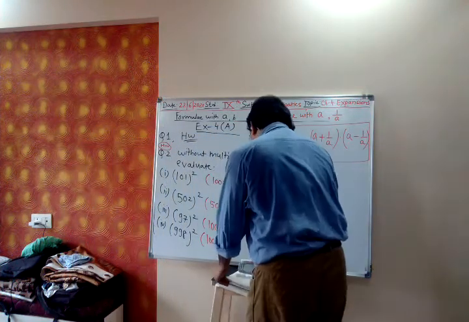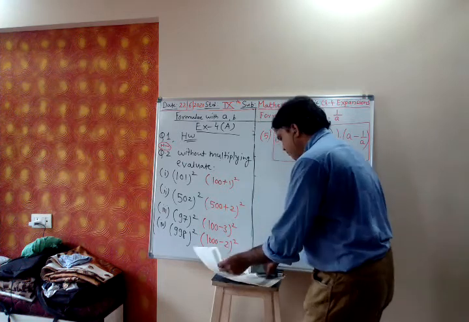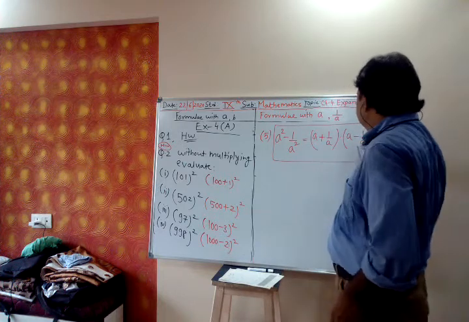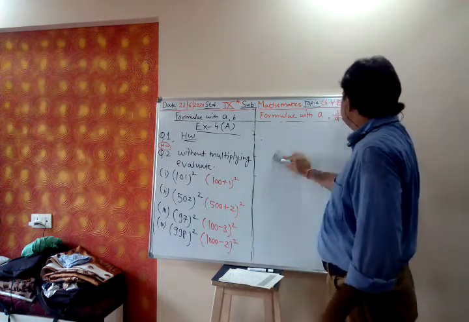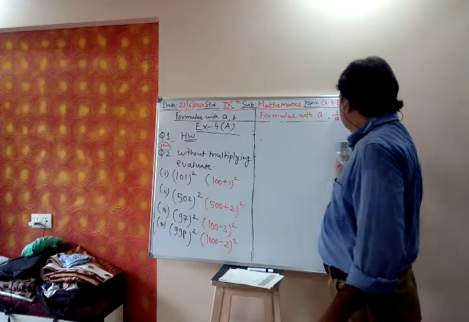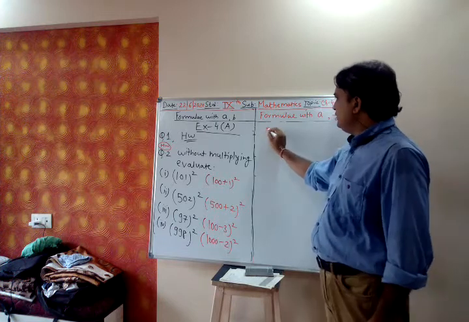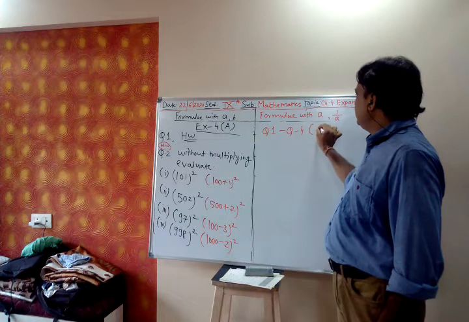Such type of question will not be asked in board. Then third also is very easy. Fourth also is easy. So question number 1 to question number 4 are homework.